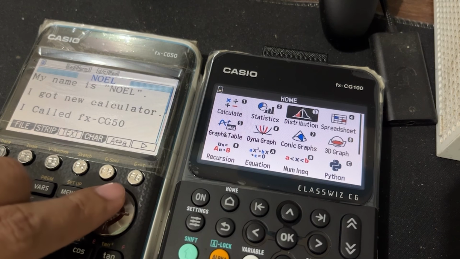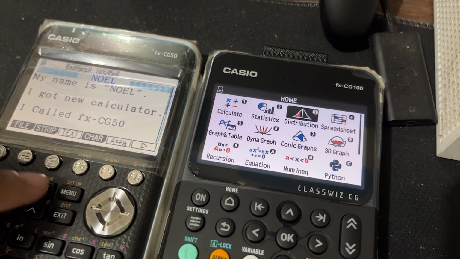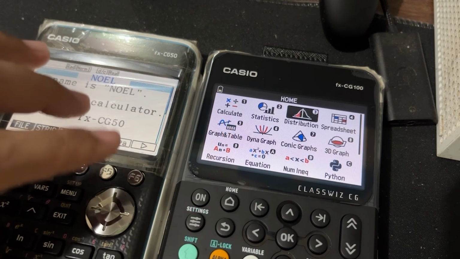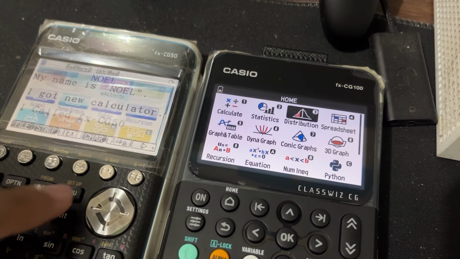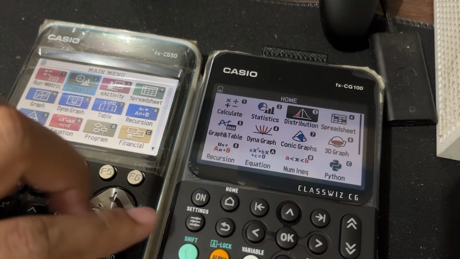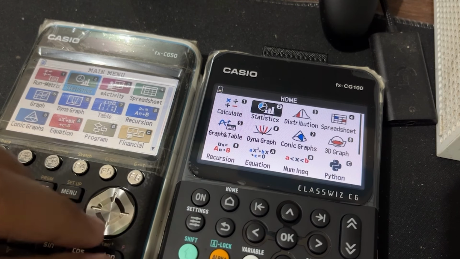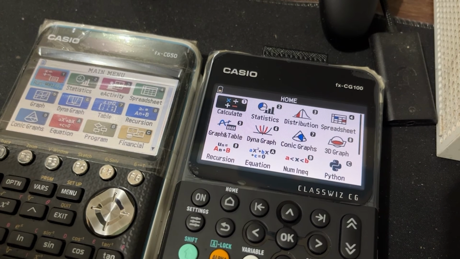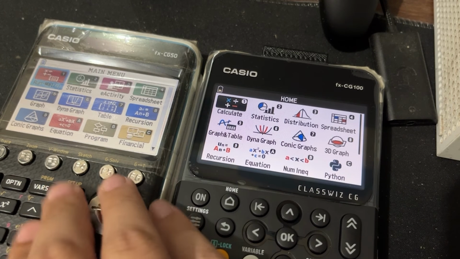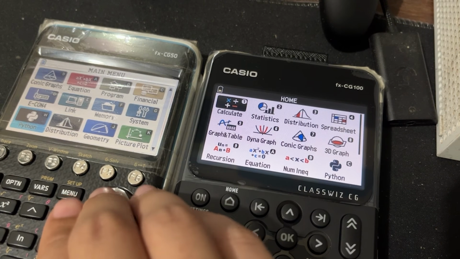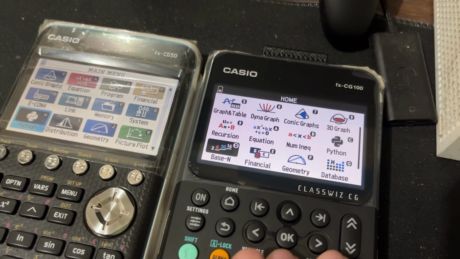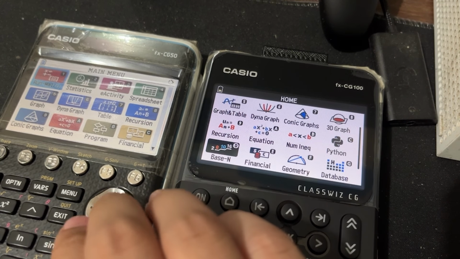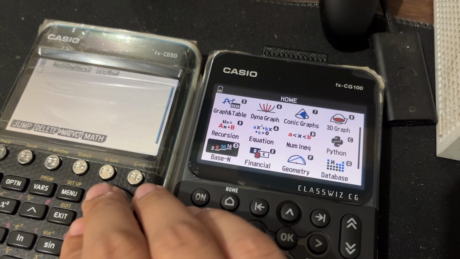And of course we have statistics and calculators. This one doesn't have Base-N. This one has Base-N for sure. How do they look different? Base-N.